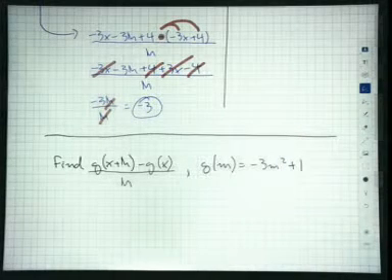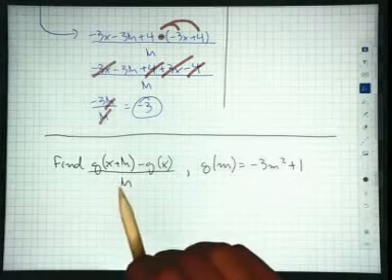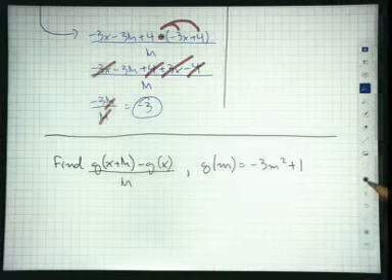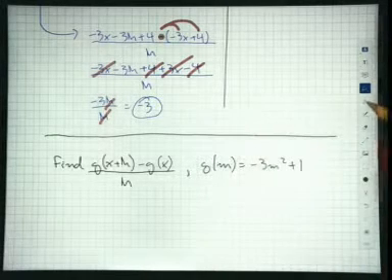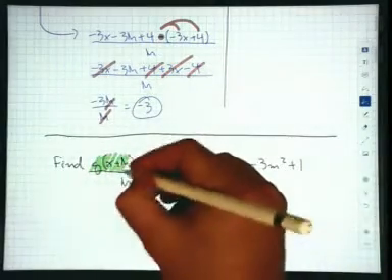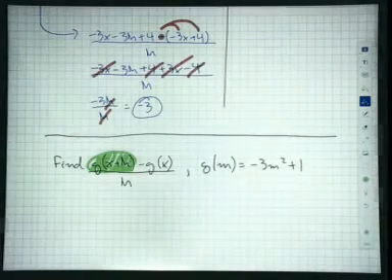Alright, it's the same process. It's the exact same process. We want to find the difference quotient for the function g. So the first thing that we need to find is this, g at x plus h. That's the first part of the function that we need to find.